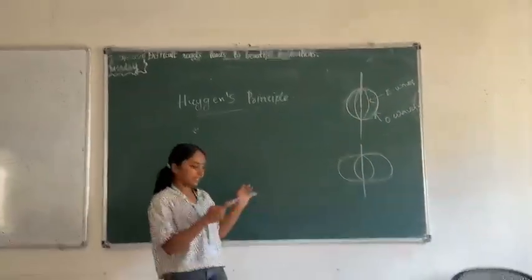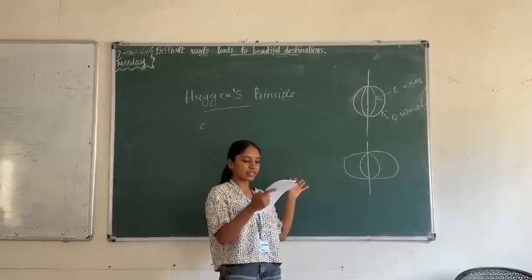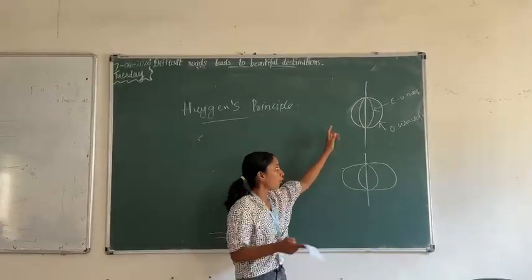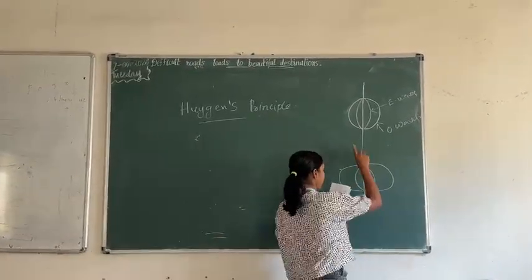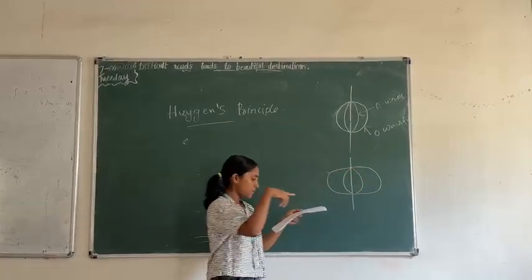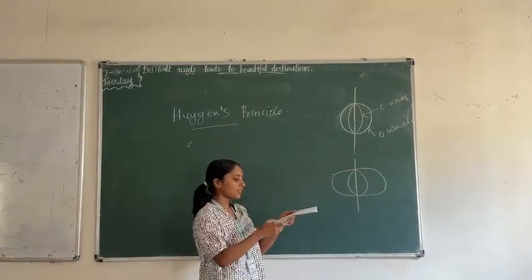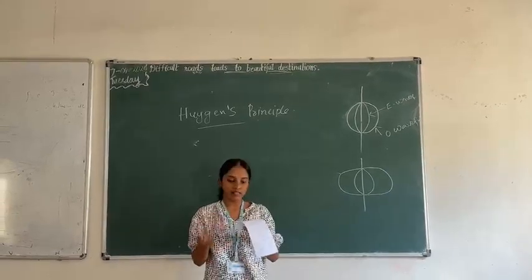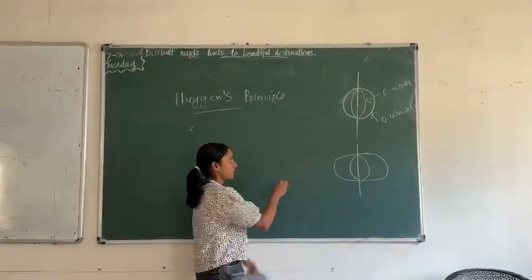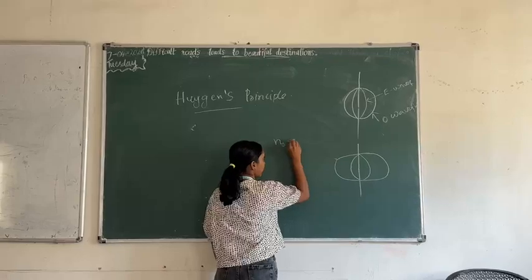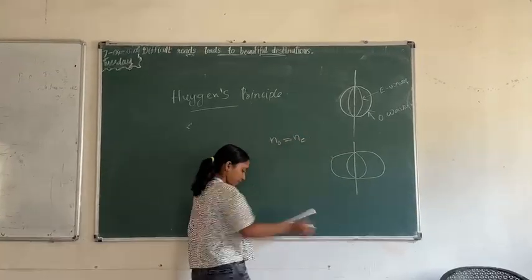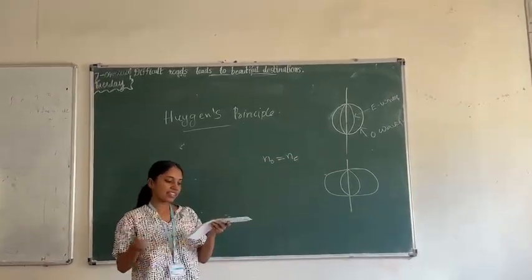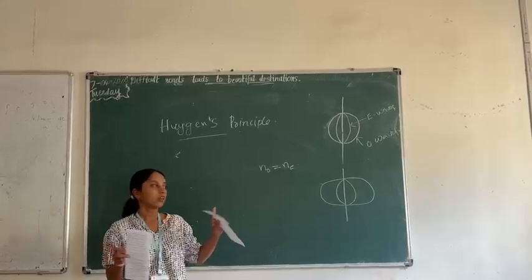In a uniaxial crystal, there is one special direction called the optic axis. The optic axis is the direction along which both rays travel with the same velocity. Along the optic axis, n0 is equal to ne. So there is no double refraction along the optic axis.